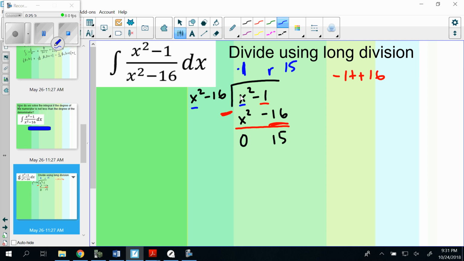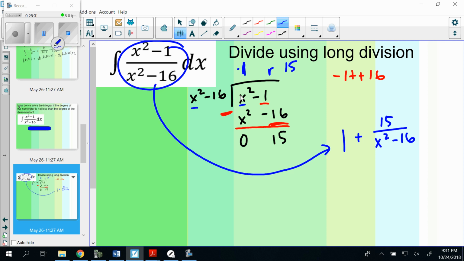Now if you think back to what we did when you were younger, once you found that remainder, that remainder is 15 over what you were dividing by, which is x squared minus 16. So what we started with, divided out, looks like that.